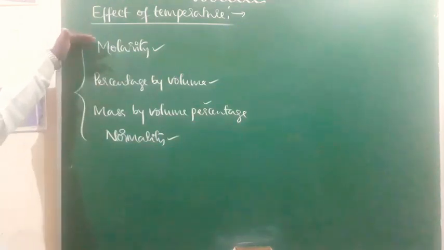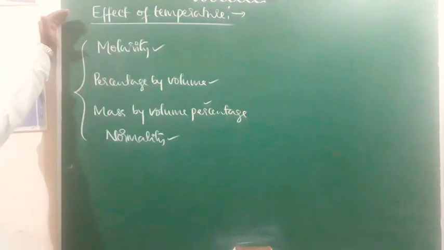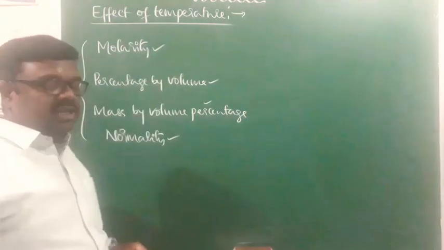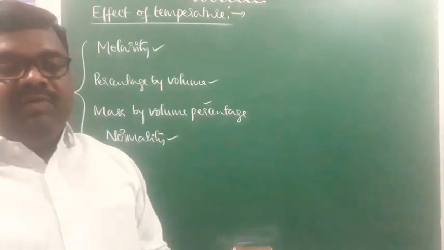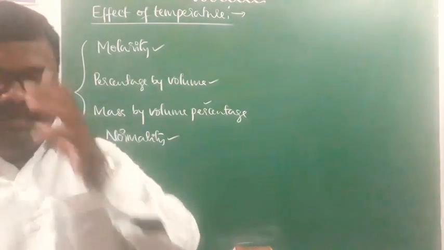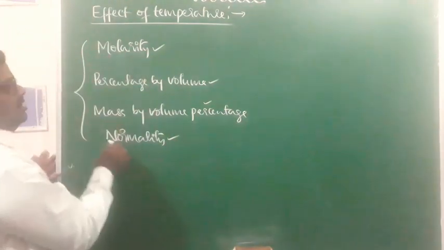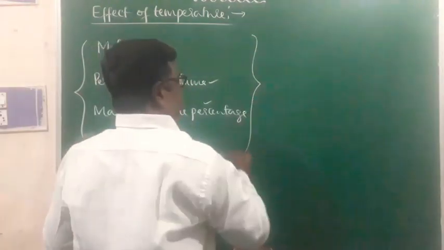That is, molarity varies with the temperature. Percentage by volume varies with the temperature. All these methods of expressing concentration will vary with the temperature. Why do they vary with the temperature? Because all these methods of expressing concentration depend on the volume of the solution.